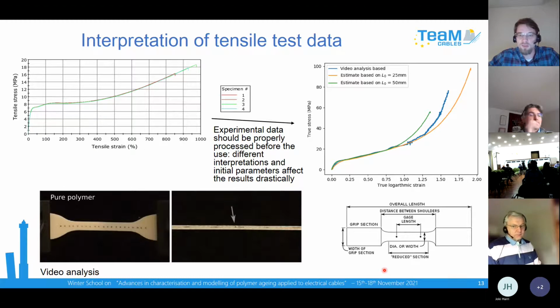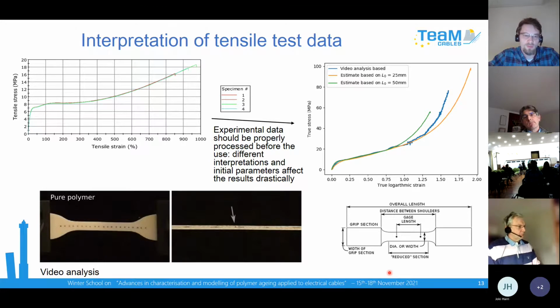The blue line here is probably the most exact, because for this we used video analysis. You can see on the left bottom side of the slide some screenshots from video analysis.